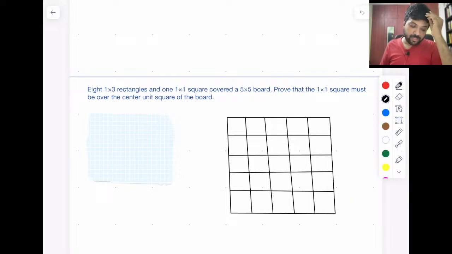So we have to place eight 1 cross 3 rectangles and one 1 cross 1 square. Is it even possible, first of all? Is it even possible with keeping this in the middle? It's possible.